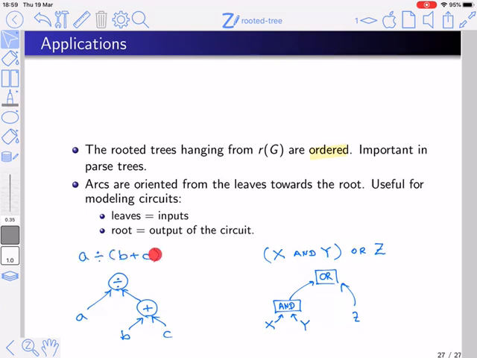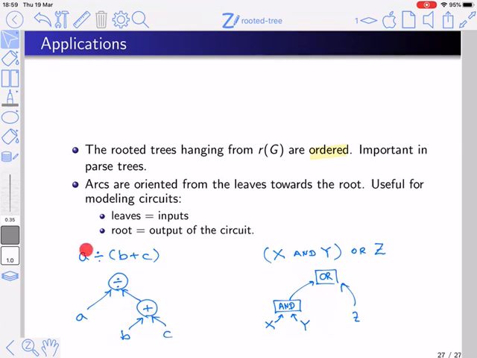Consider the following expression, A divided by B plus C. We can represent this expression using a rooted tree, the leaves of which are A, B, and C. And now since we add B and C, we connect B and C via directed edges to a node which is labeled plus.